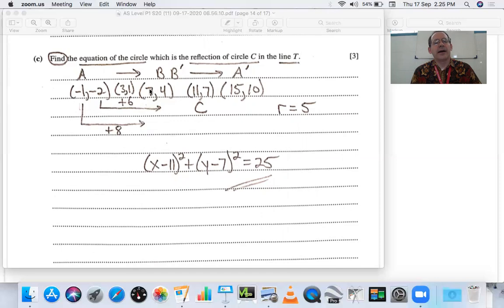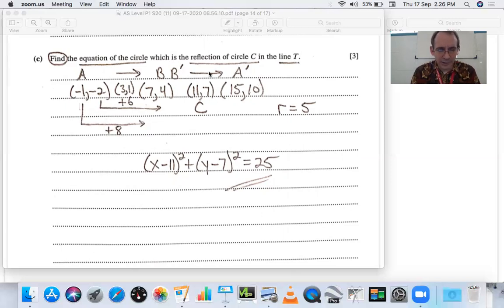So our 7, if you add 8 again, will give you 15. Or if you're looking at the center, from the center to get from 3 to 7, you add 4. So if you add 4 to 7, you get 11. Add 4 to that, you get 15. If you look at the Y values, you add 6 here to get the 4, add 6 here to get the 10. Or if you're going with the center of 3, 1, you would add 3 to get the 4, add 3 to get the 7, add 3 to get the 10.